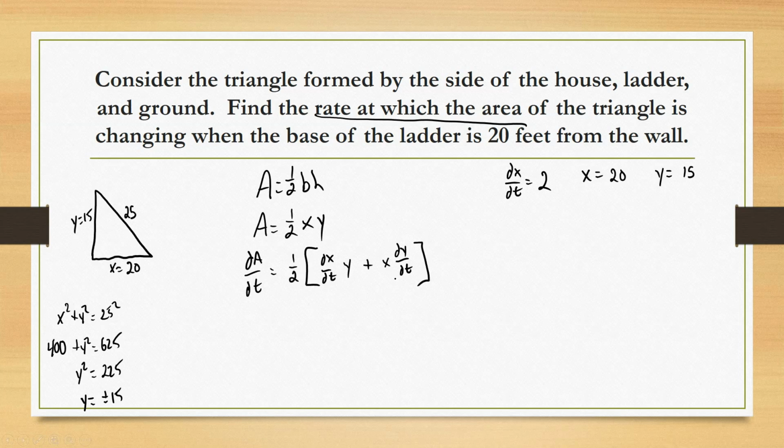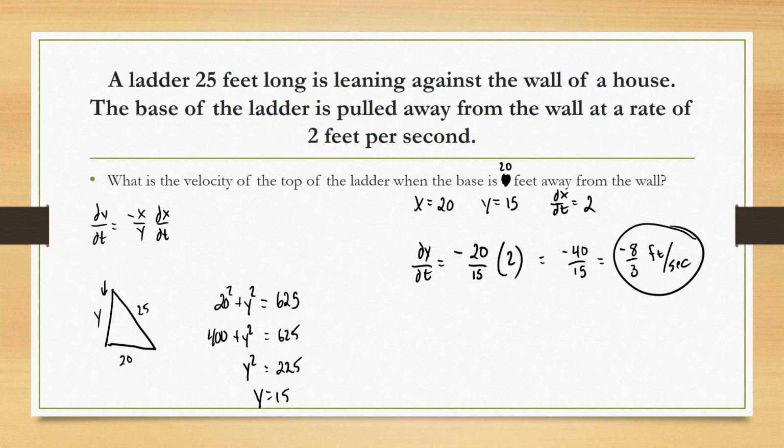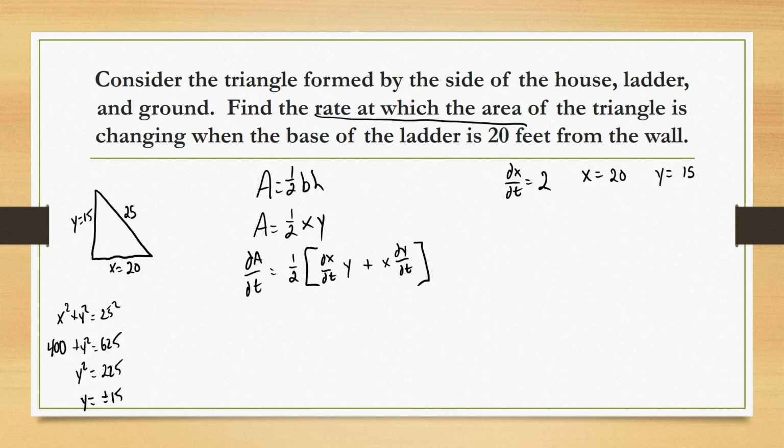What we're not given is dy/dt. Well, how do you find dy/dt? We've already done that. When we're 20 feet away, dy/dt was negative 8/3 feet per second. So we know that dy/dt equals negative 8/3.